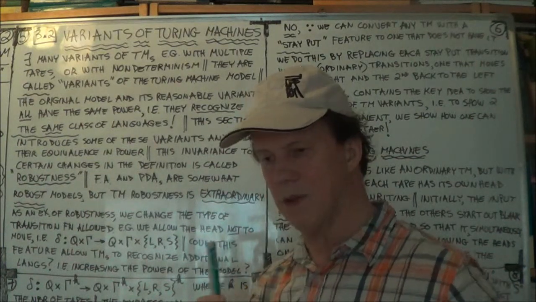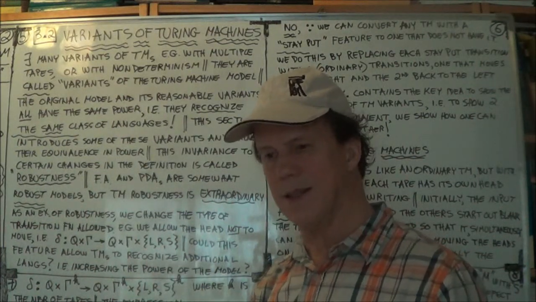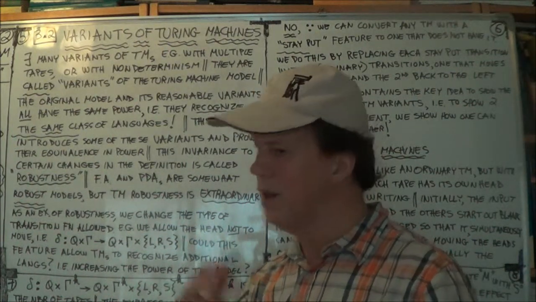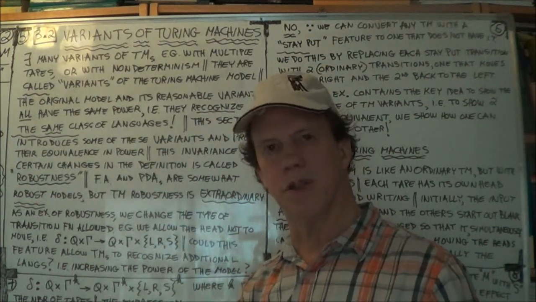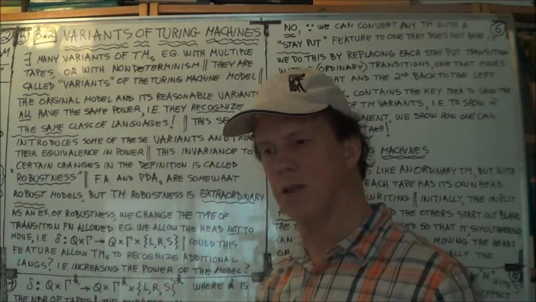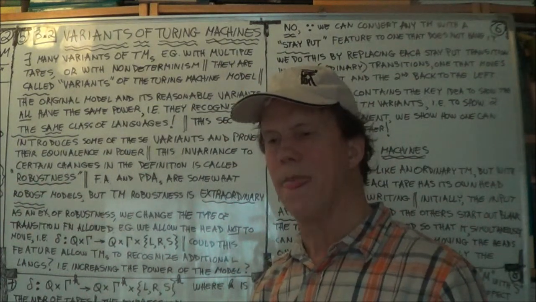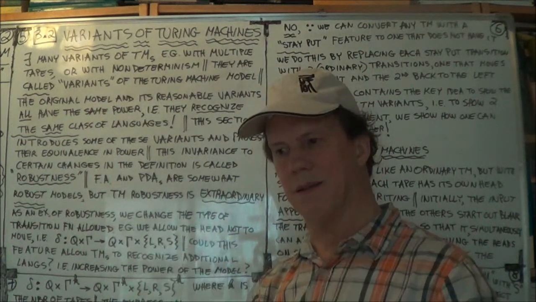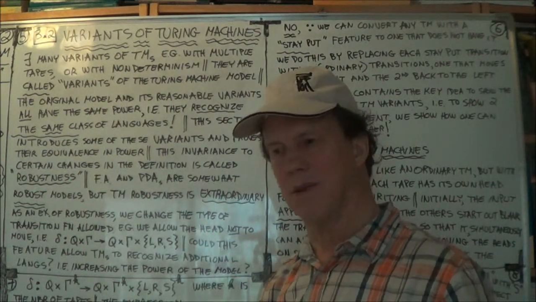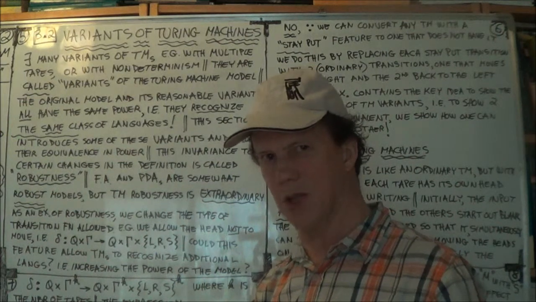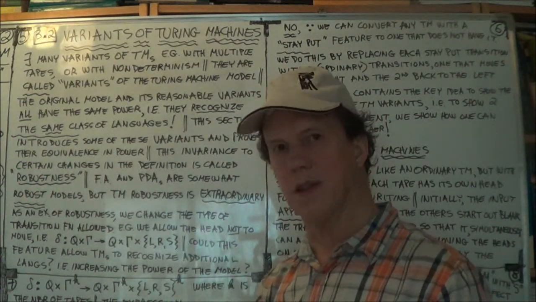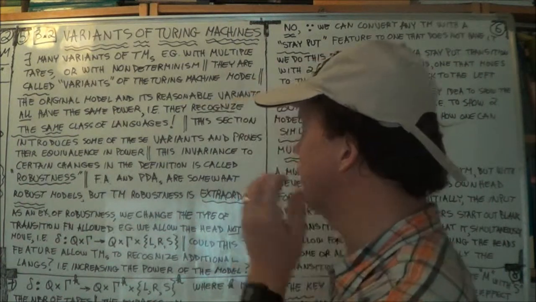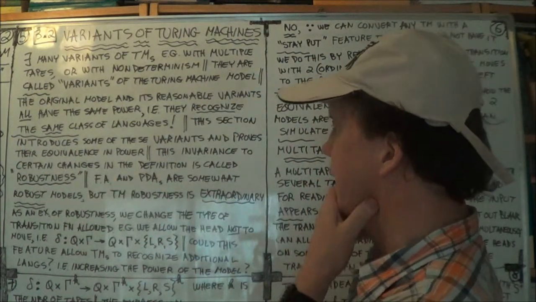So the original design is robust against changes, if you like. It still functions as a Turing machine, even with its variants, the noun. Okay, so that's what that's saying.